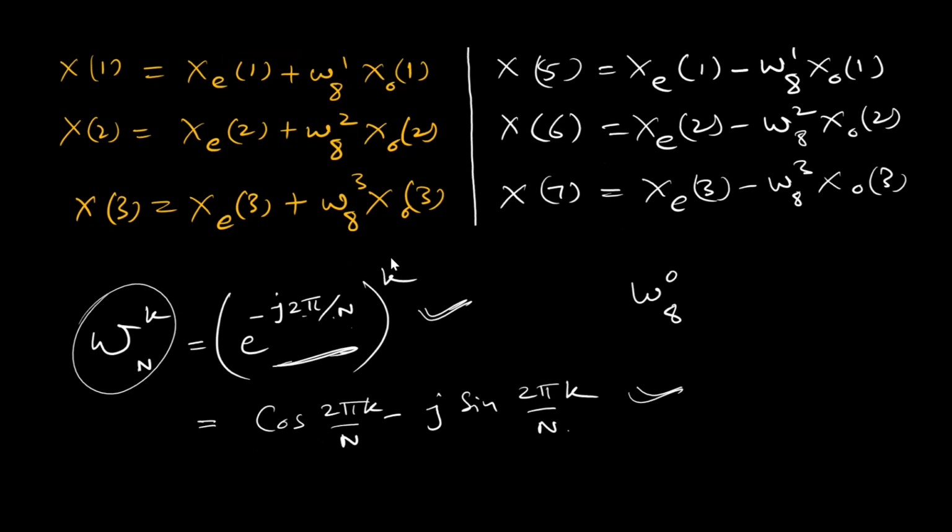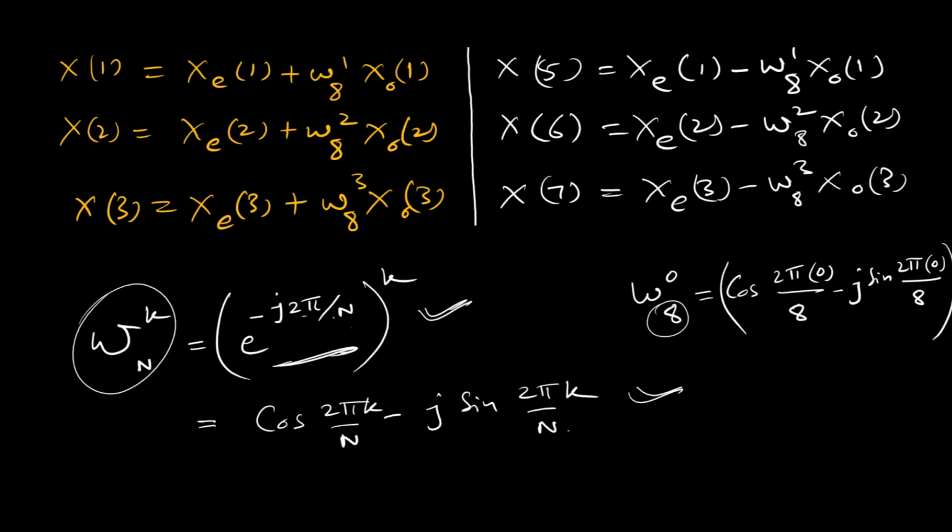For this, k will be equal to 0, and n is fixed, and that is 8. So this equation will become cos 2 pi times 0 over 8 minus iota sine 2 pi times 0 over 8. That is how we'll calculate twiddle factors.